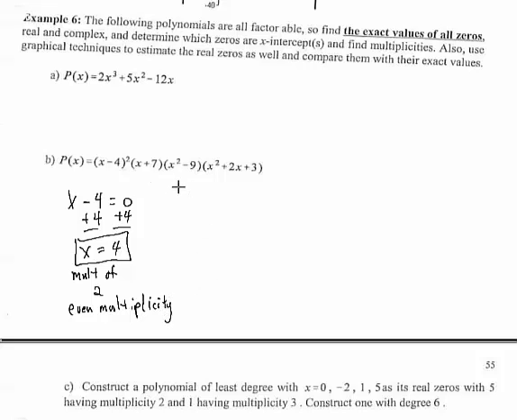The next one, the factor x plus 7 equals 0, so x equals negative 7. This has a multiplicity of 1, so it doesn't become tangent, or it doesn't simply touch the x-axis.